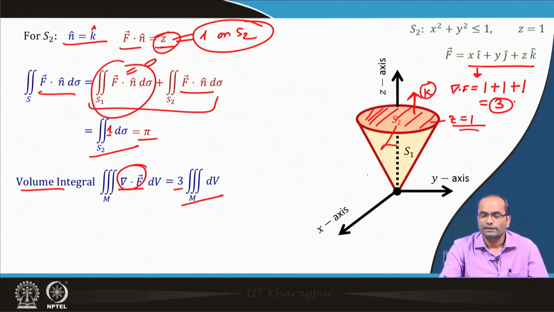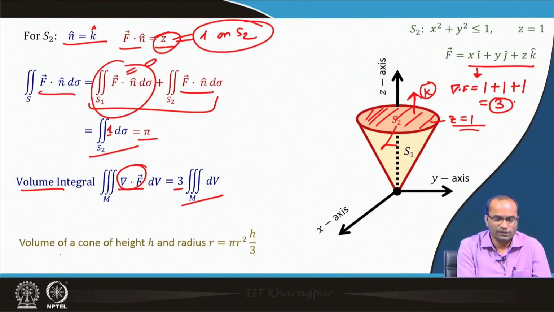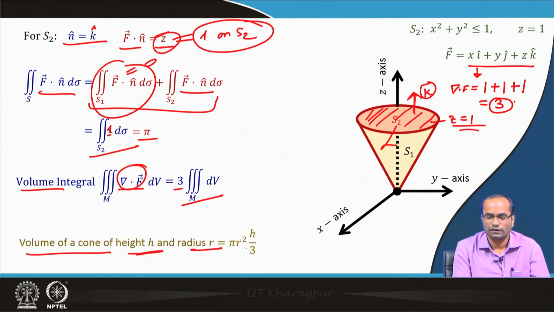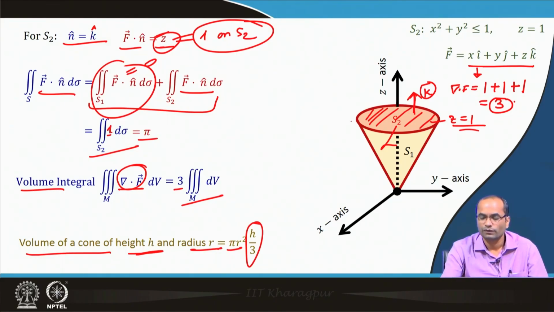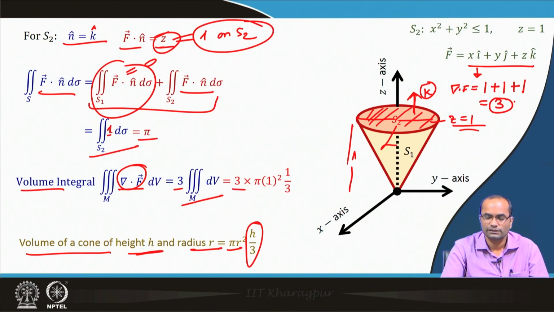That, we know already, is the cone, and we know the formula for the volume of a cone with height h and radius r: pi r square times h by 3. Here the radius is 1 and the height is also 1. So, we compute 3 times pi r square times 1 by 3.